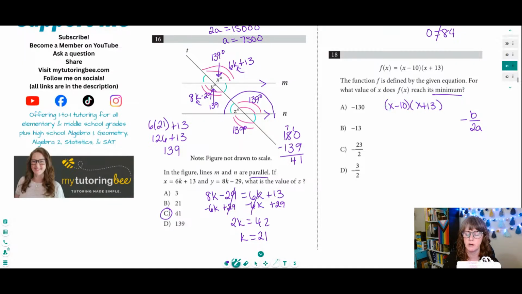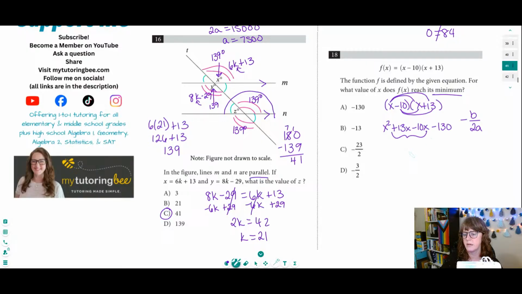I like that term better actually than FOIL method, and expand out this expression. So we've got x times x is x squared, and then we've got x times 13 is 13x. And then we've got negative 10 times x is negative 10x. And then we've got negative 10 times 13 is negative 130.